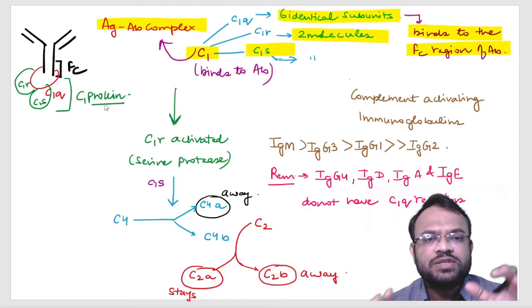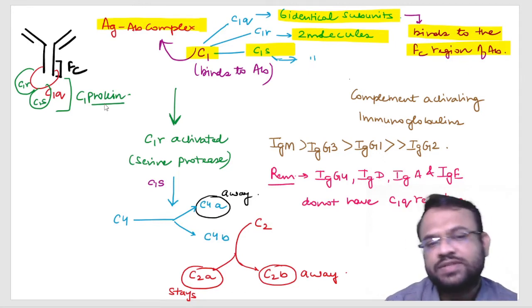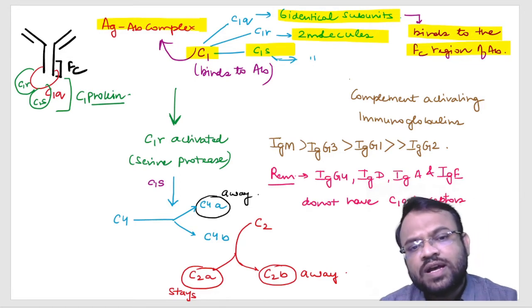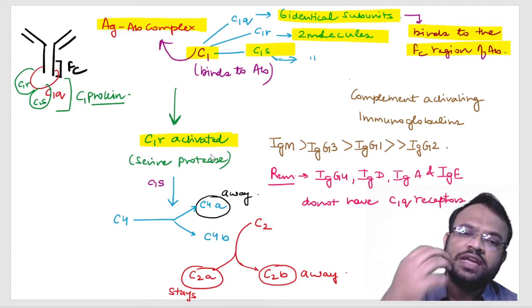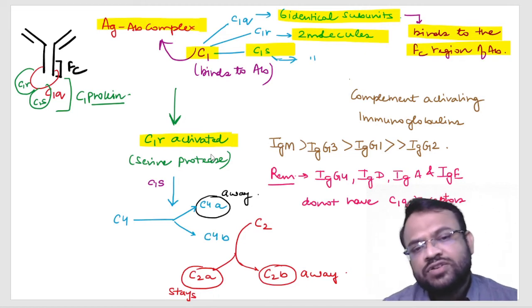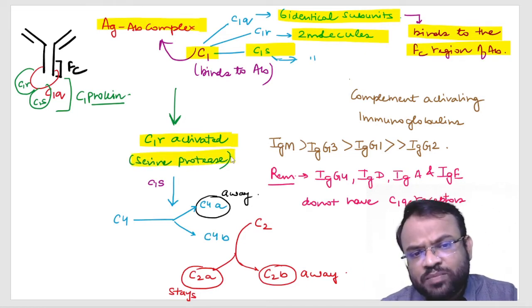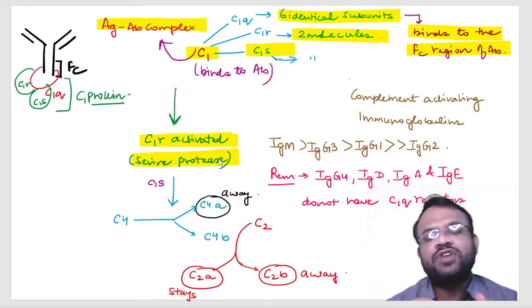Now let me talk about C1R and C1S. What is the function of C1R? C1R is actually involved in the signaling cascade. C1R is a serine protease, and it is involved in transferring the signal.